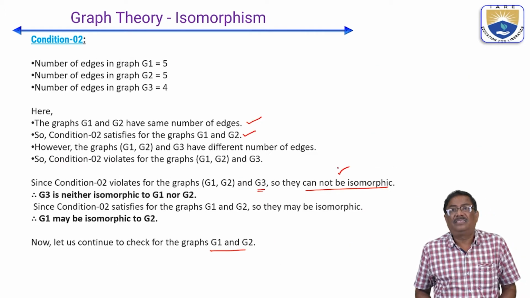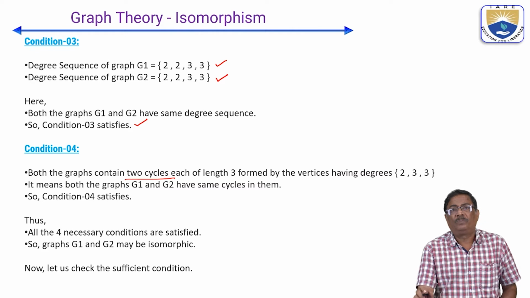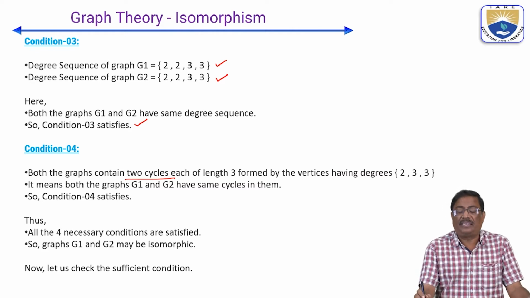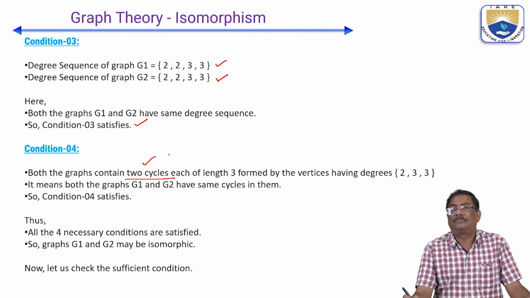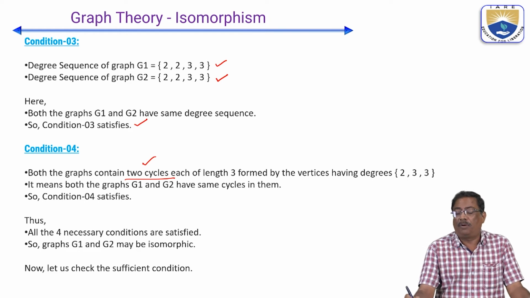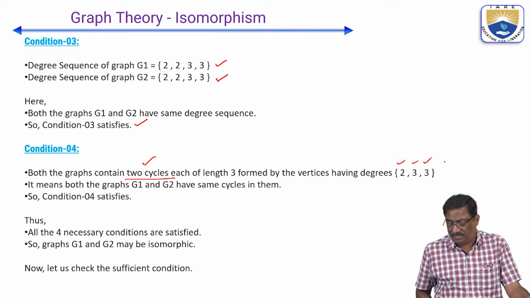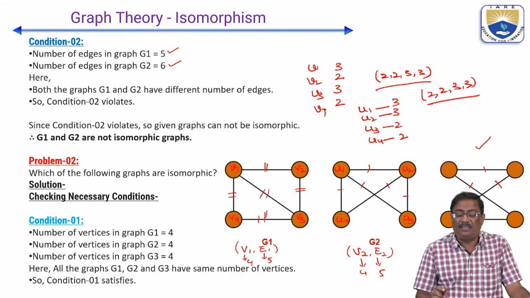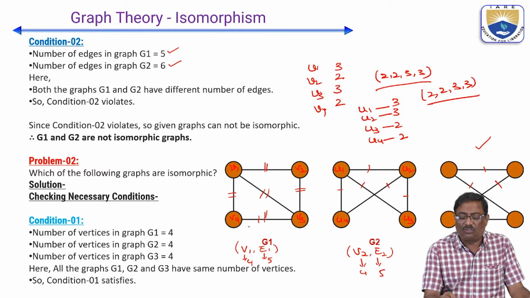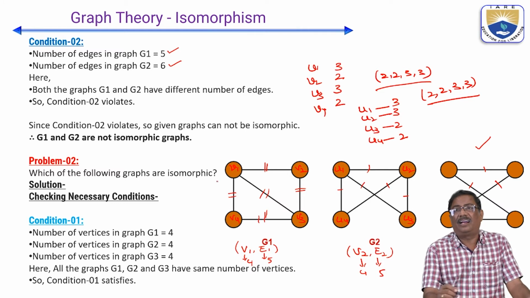So, condition 4: both graphs contain 2 cycles of length 3 formed by the vertices having the degree sequence 2, 3, 3. So, here 2, 3, 3 means this is 2 and this is 3 and this is 3.